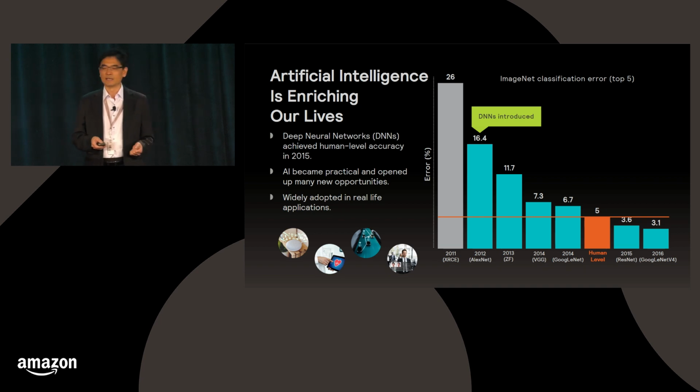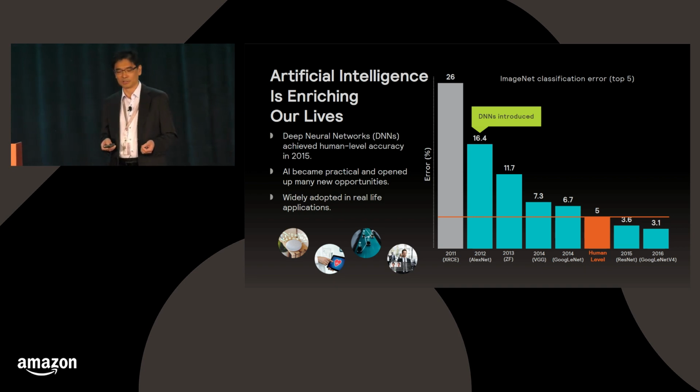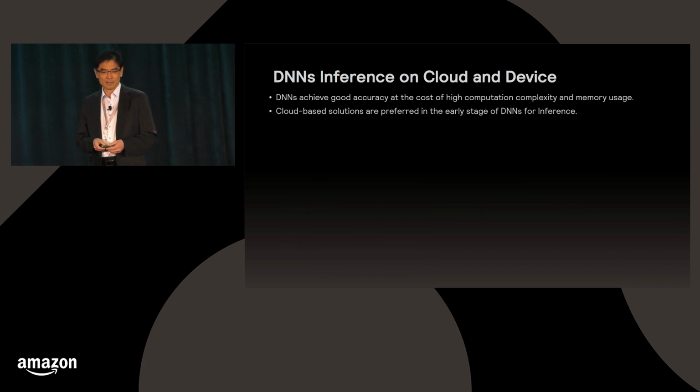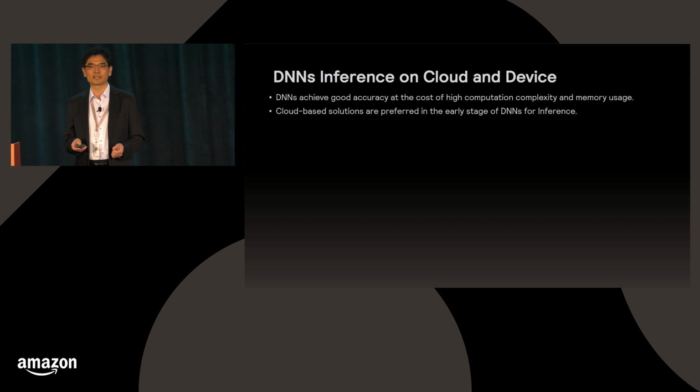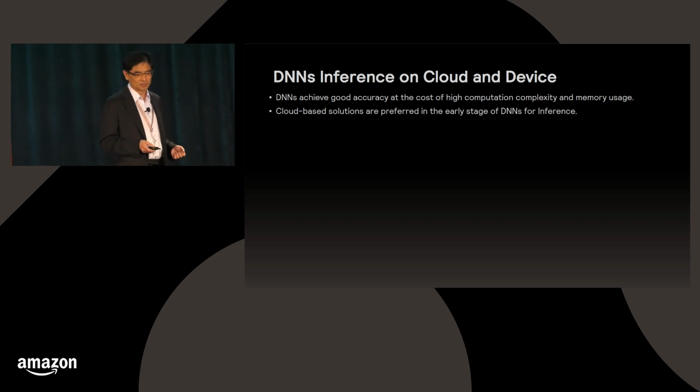That's why AI has been widely used in our daily life, such as robots, surveillance, transportation, and so on. However, deep neural networks achieve good accuracy at the cost of high computation complexity and high memory usage. Therefore, at the beginning stage of deep learning, cloud-based was preferred.